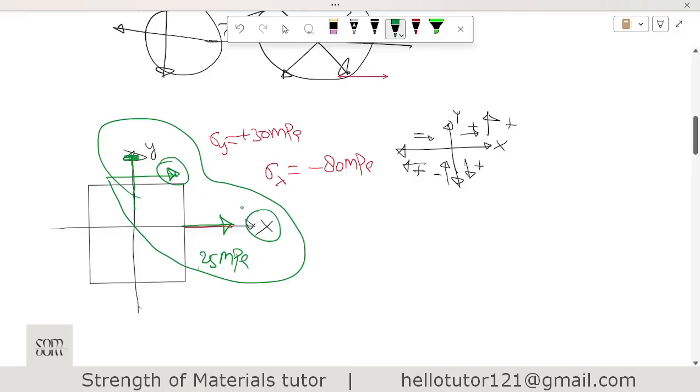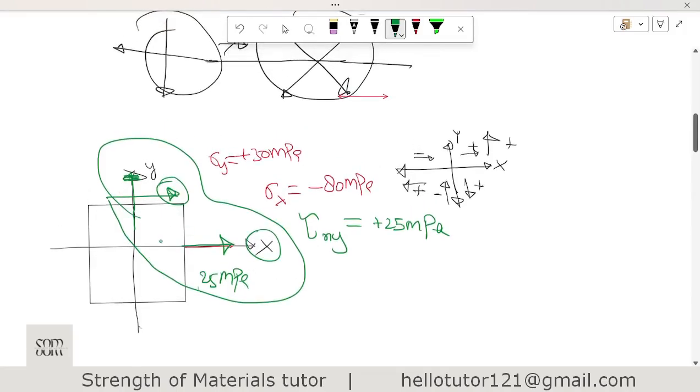So tau xy is positive, right? This is the sign convention of the old axis, because we are talking about the old coordinate system. We didn't see the sign convention in the rotated coordinate axis, so let us see about that.